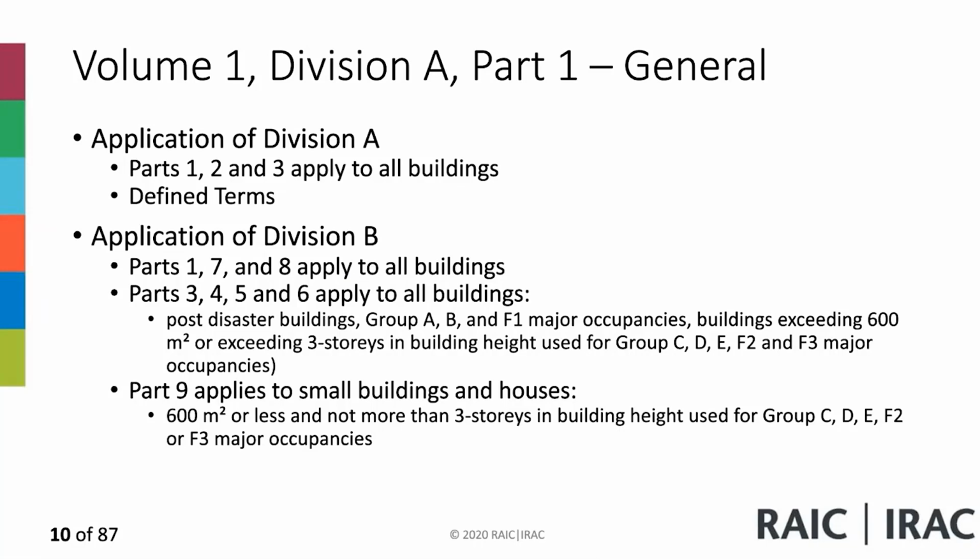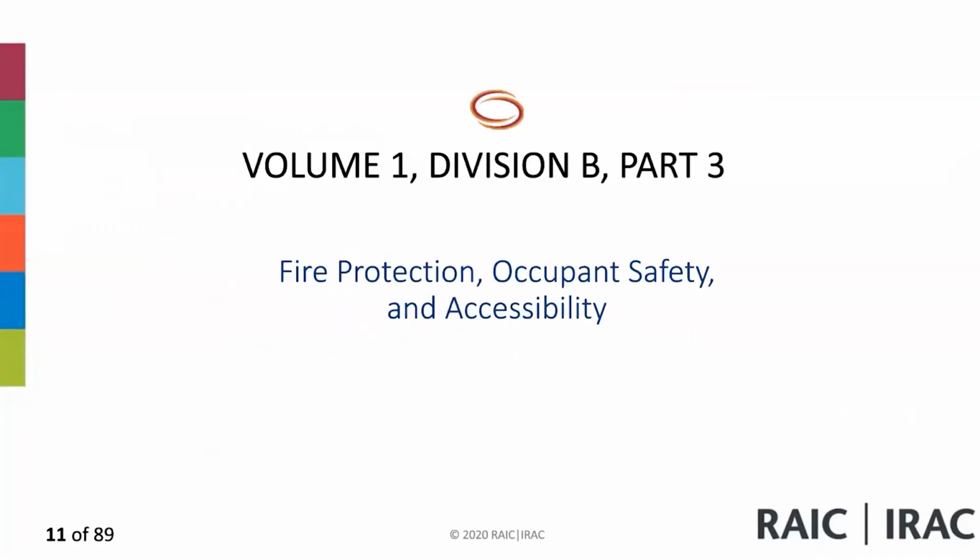If we have an occupancy that's Group C, residential, D, office, personal and professional uses, E, retail, medium hazard F2, or low hazard F3, and those buildings are 3 stories or less with an area not more than 600 square meters, then Part 9 will apply to them. In general, Part 9 is small buildings and houses. We're going to cover that in 2 weeks. What we're going to cover today is Part 3 for the large buildings or critical buildings.